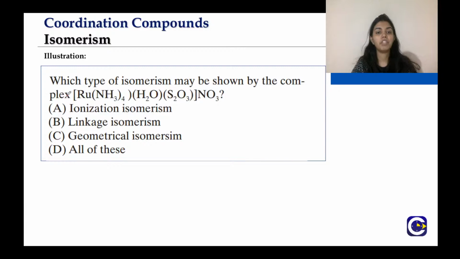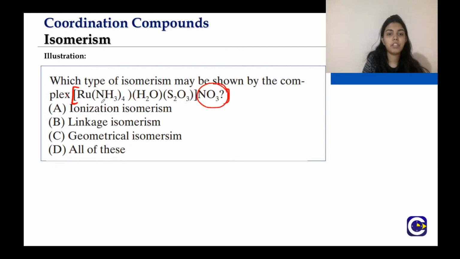Anyone with the answer for this question? Here you are given a complex of ruthenium. This is the ionization sphere. This is the coordination sphere. You have to tell me which type of isomerism is shown by this complex: ionization, linkage, geometrical, or all of these.